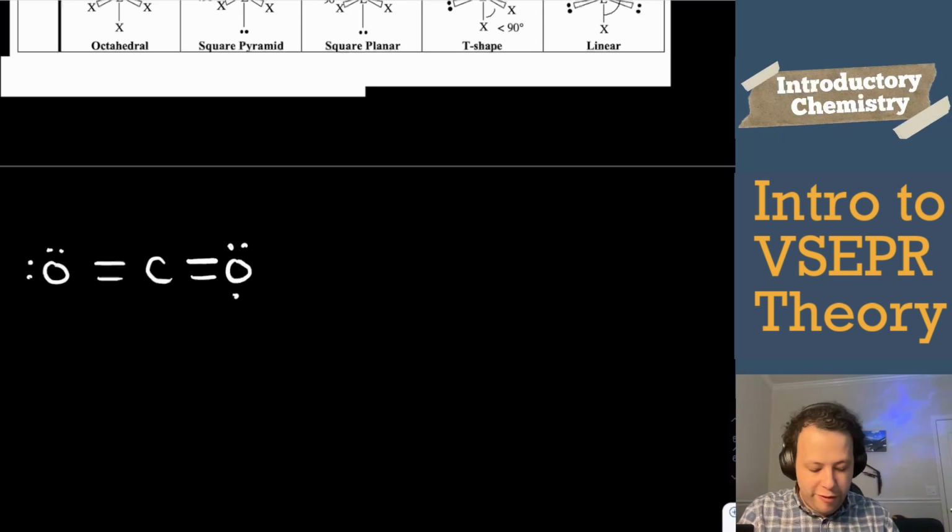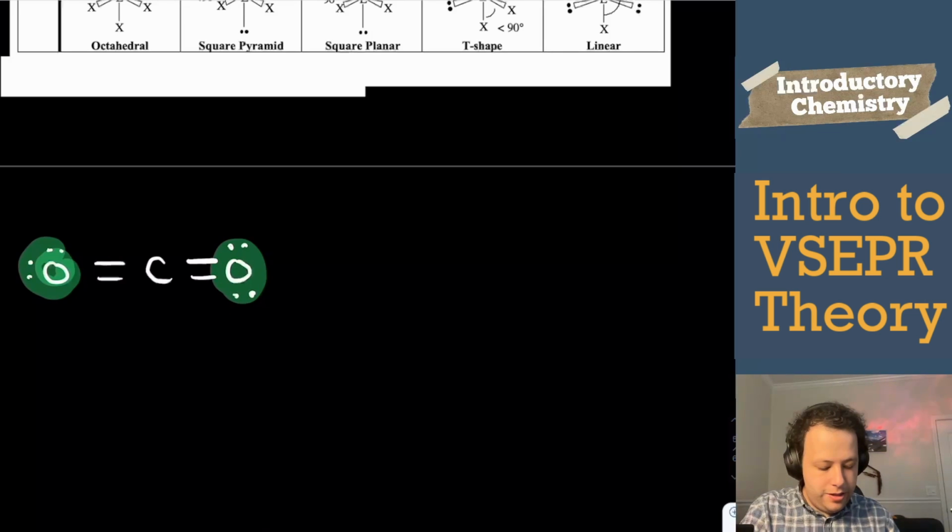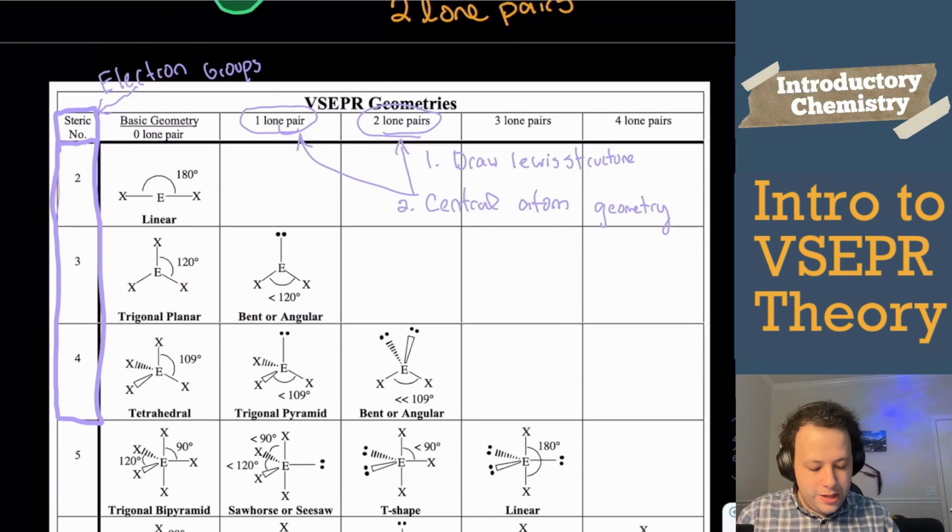Whether or not you remember from earlier, there are two groups on each side of this molecule. So when we see this, we have 1, 2. So what we're going to be doing is going to our chart here.